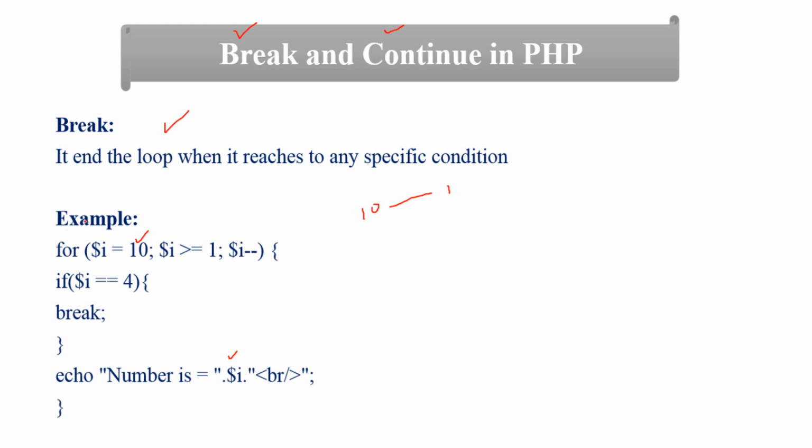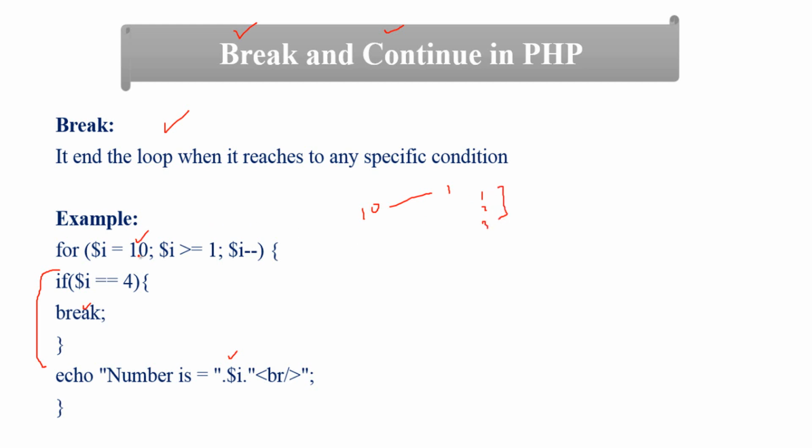So it means that when the value of I reaches 4, the loop should break. Break means the remaining numbers do not need to be displayed.